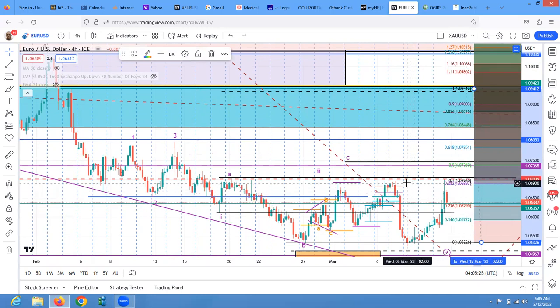So the price exactly reacted at 38. Because you have to know, if you are doing a corrective format, you have to know where we are, because this to this is not wave 2 here.